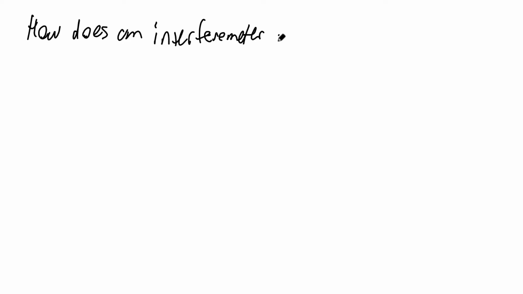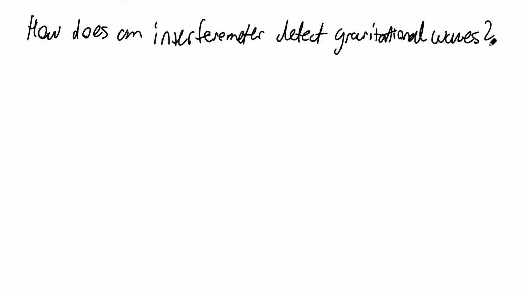So how does an interferometer gravitational wave detector work? The basic idea uses 3 test masses. So let's assume those test masses are in the z equals 0 plane.